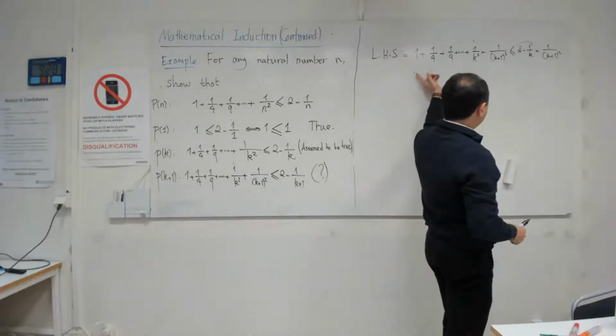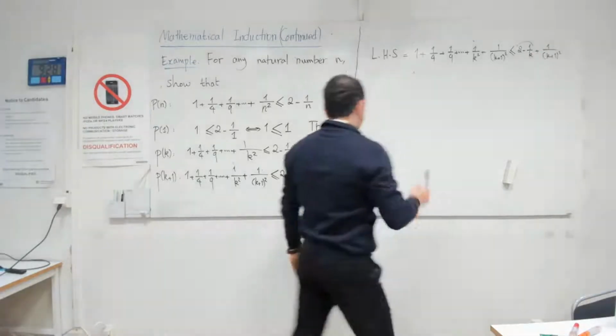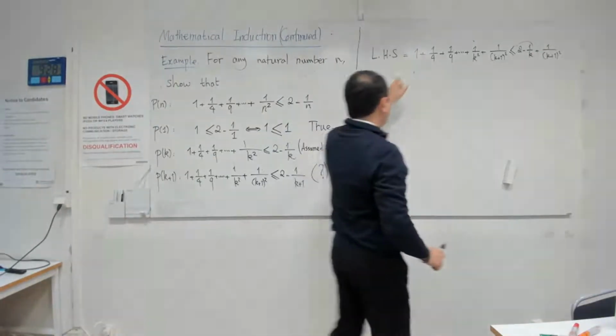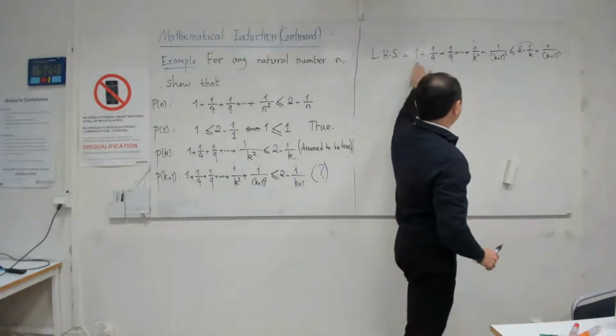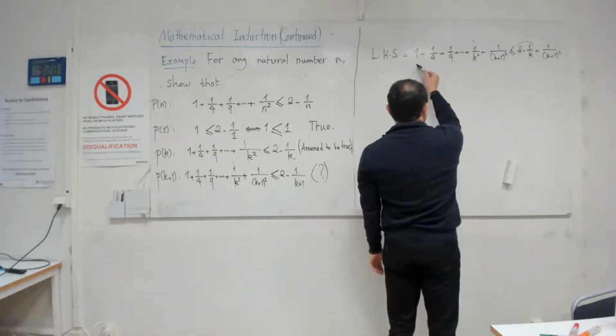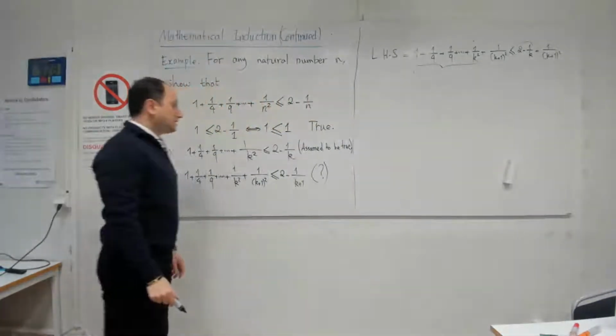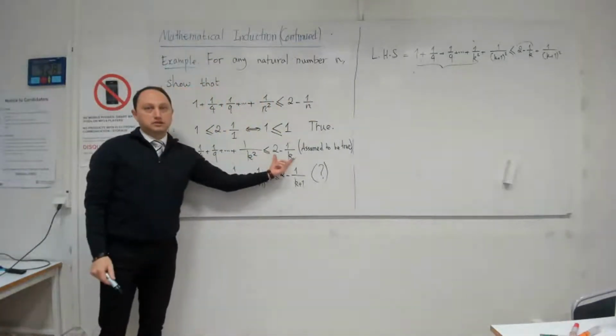Okay, so do you understand the logic that I used here? Forget about everything here. I have written one algebraic expression here, and I am telling you that from this part to this part, it's guaranteed to be smaller than this.